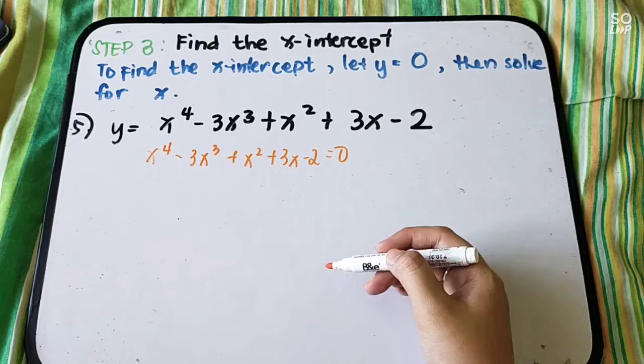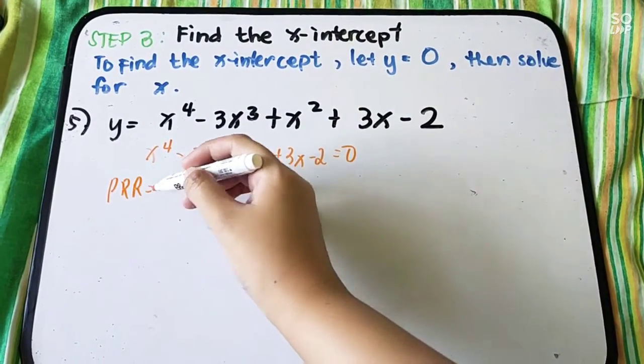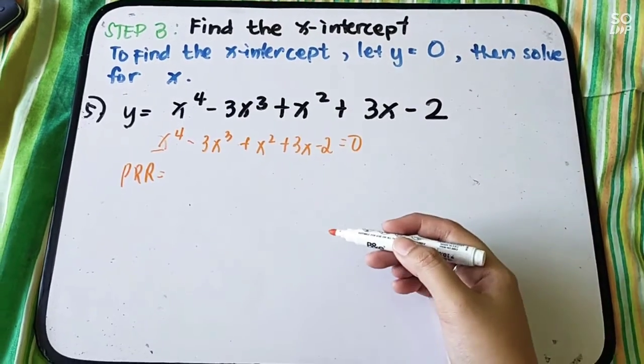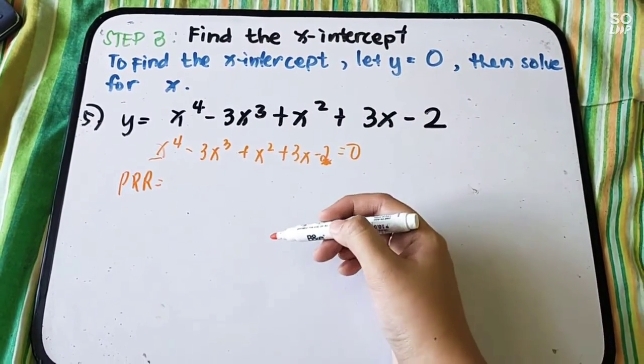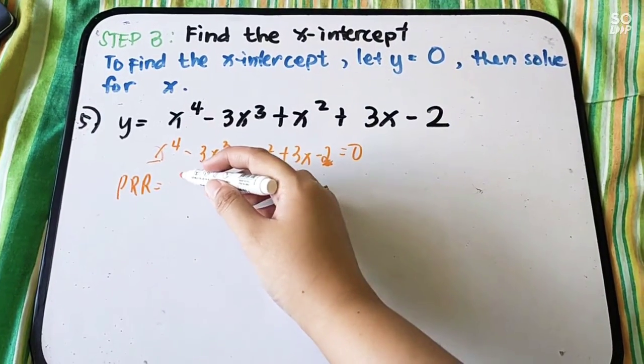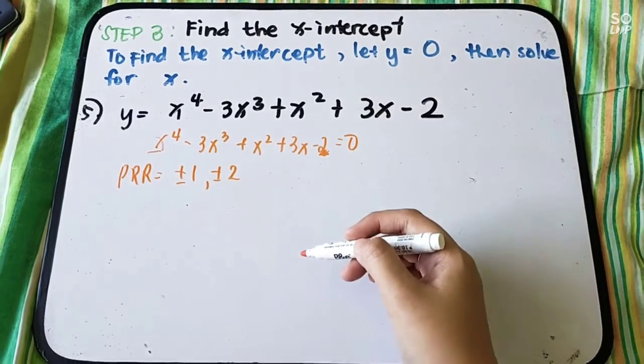So, since again, let us have the PRR. Okay, since ang ating leading coefficient lang naman ay 1, dito na lang tayo sa factors nung ating last constant term. We have 1 and positive 2.